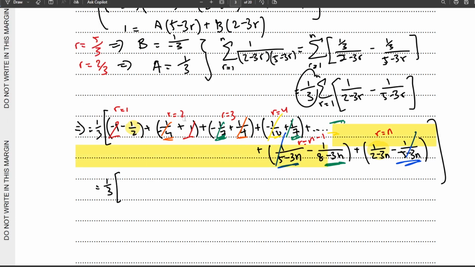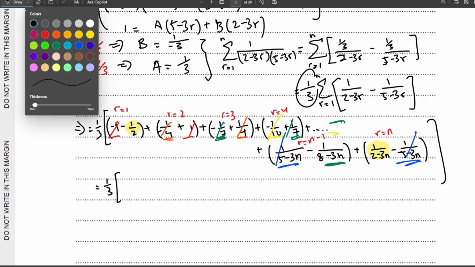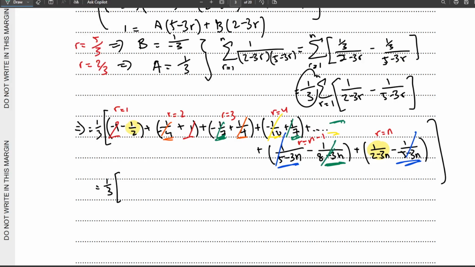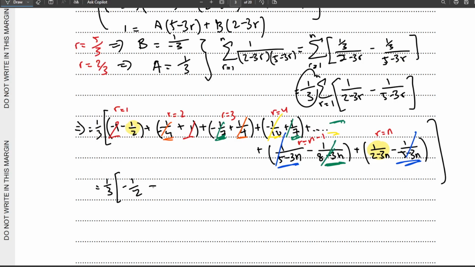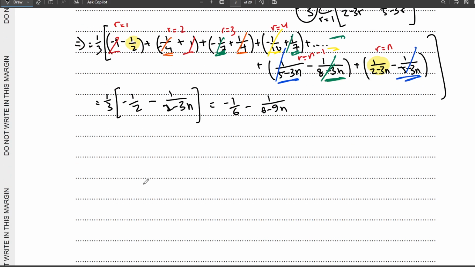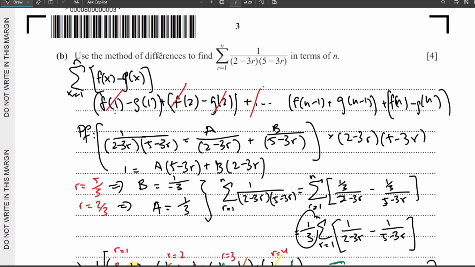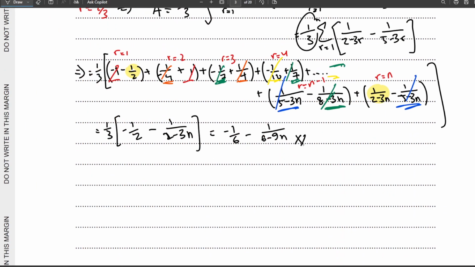I make sure this one cancels also. So we're just left with negative 1/2 minus 2 minus 3n. Then we can just multiply this 1/3 in, and that's it. Okay, so this is the final answer for the summation. The entire summation will end up to be this.